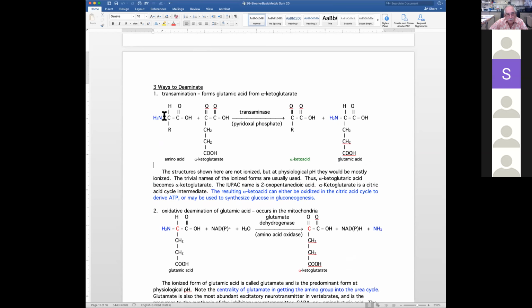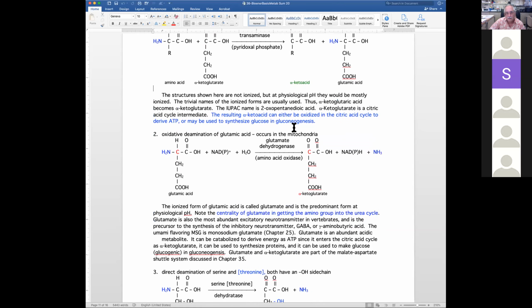So it's done by aminotransferase, where you transfer the amino group from one to the other. So alpha ketoglutarate, which is not an amino acid, is simply an acid. It gets transaminated, and now you have glutamic acid. This alpha keto acid can go into the Krebs cycle and do all kinds of different things.